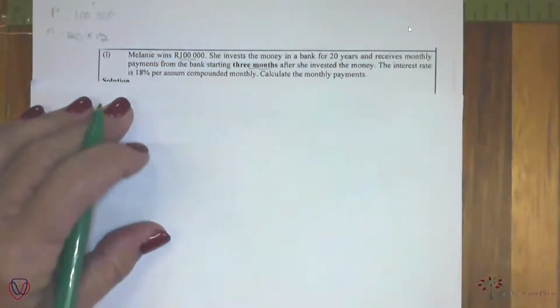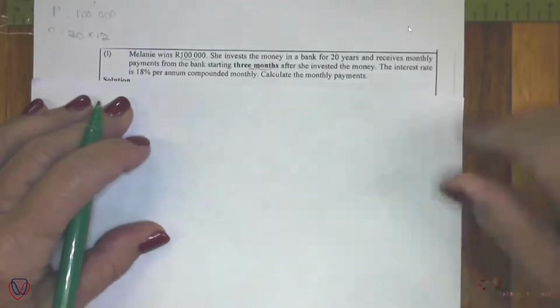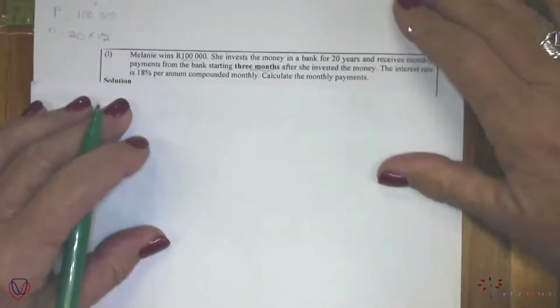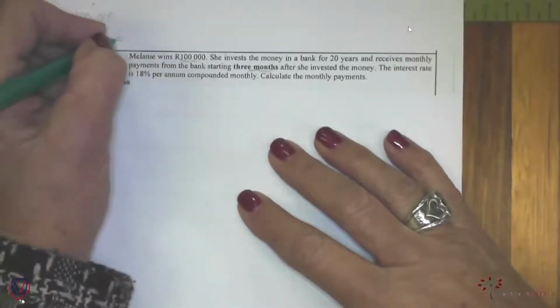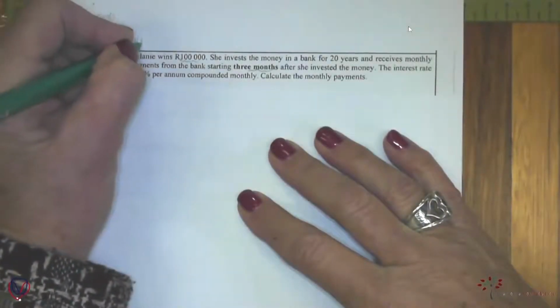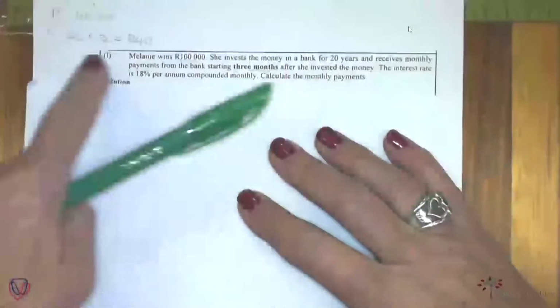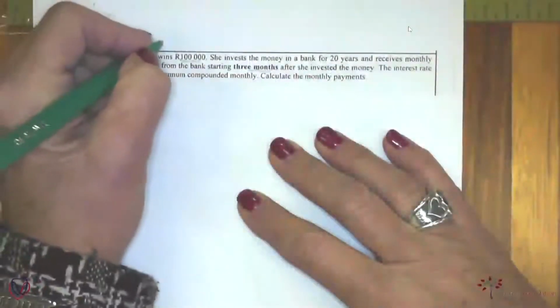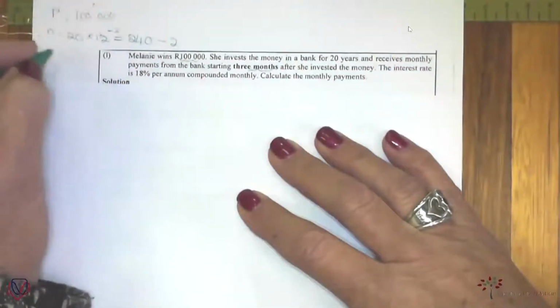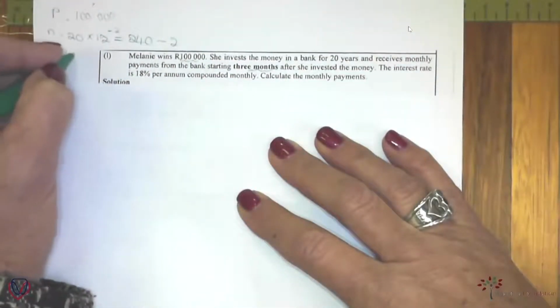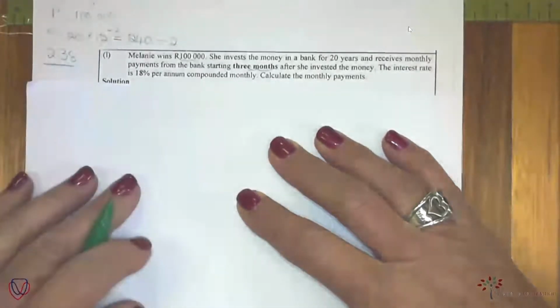So it's only 2 months of interest rate that she's losing. Okay, so what is going to be our N? It's not going to be 240. It's going to be 240 minus 2. 238 in this case. Have you got that?